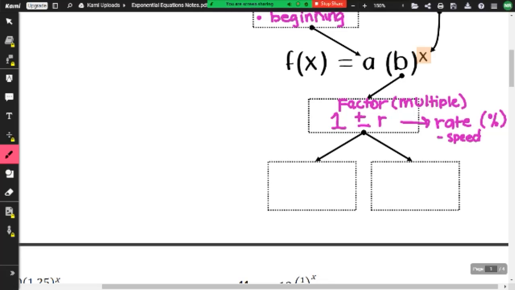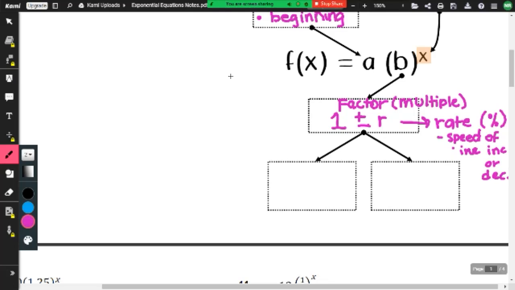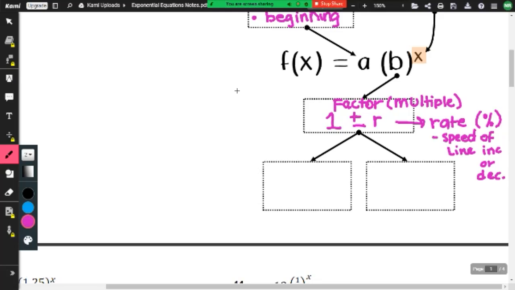Speed of the line increasing or decreasing. The rate is how fast it's moving up and how slow it's moving down. The rate, the speed that it's increasing, okay?